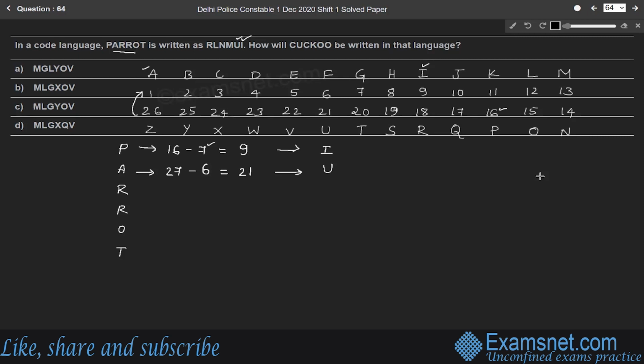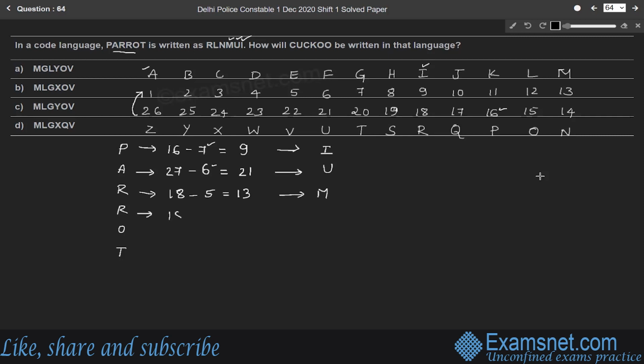So A is coded as U, whereas R is coded as positional value 18 minus 1 number less than 6, which is 5, is equal to 13, the positional value of M. So look at the code. Yes, it is right.